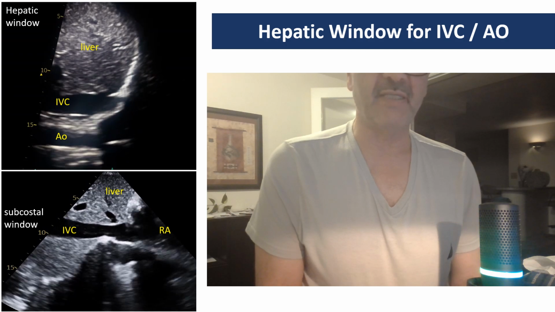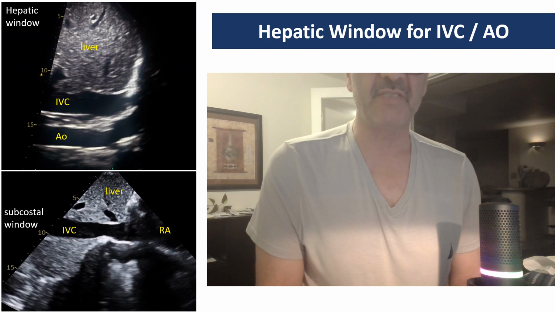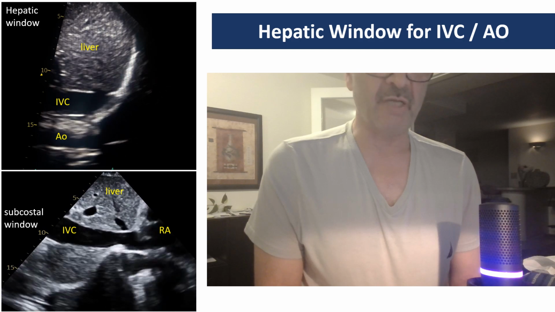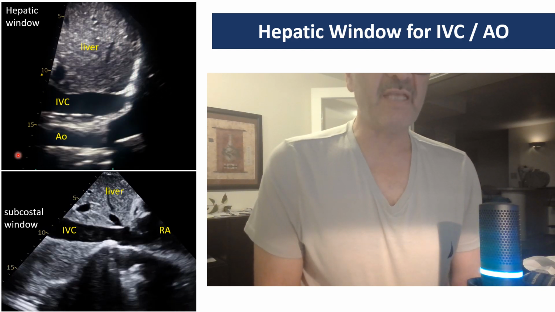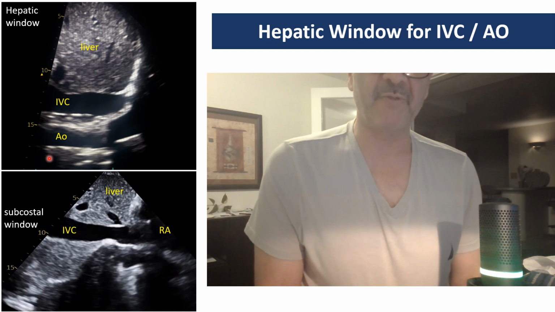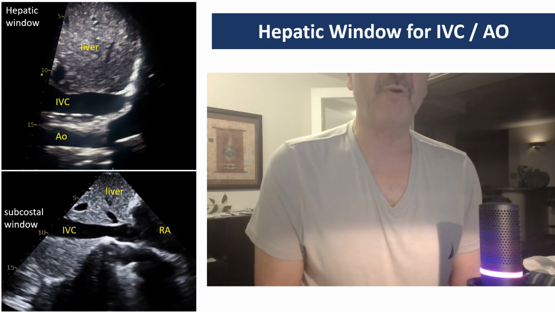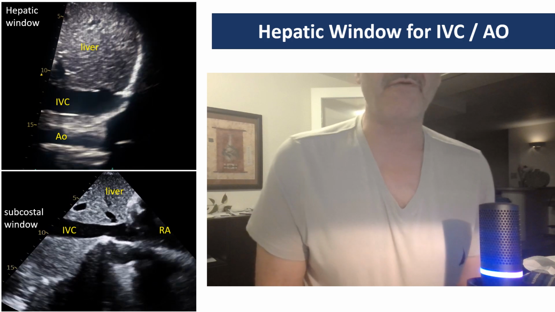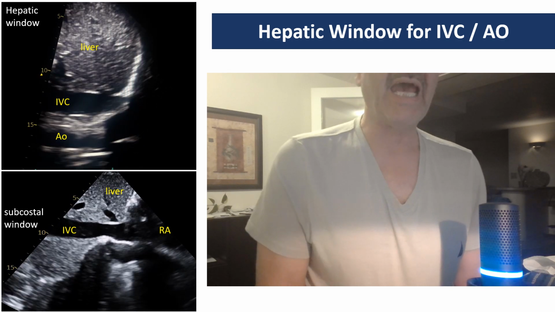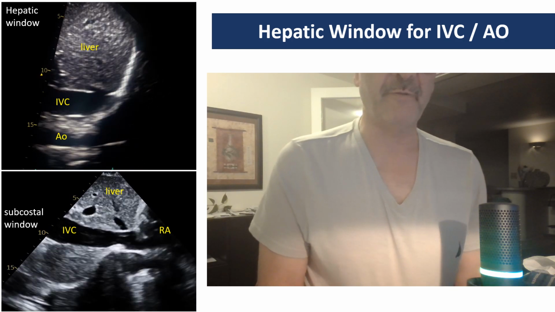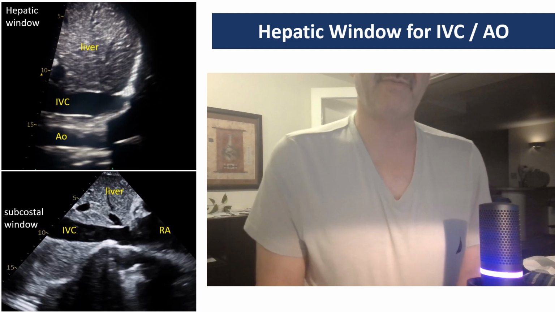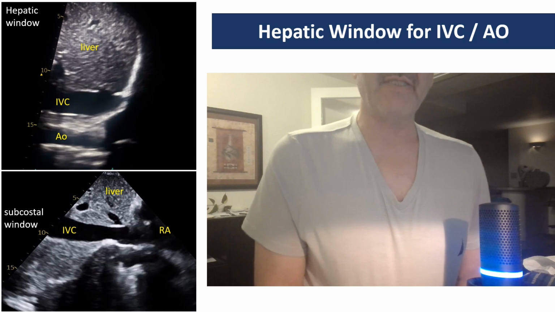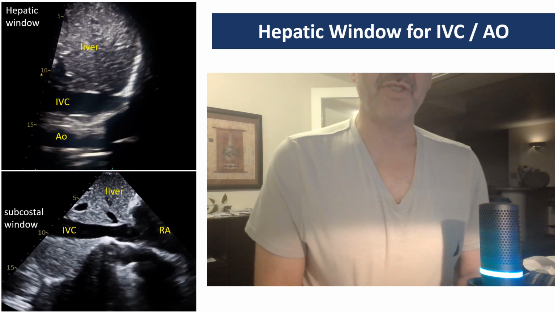Even for evaluating the severity of moderate to severe tricuspid regurgitation, or the status of the central venous system, is the patient hypovolemic or not, can we still administer more fluid or not? So knowing the size and collapsibility of the IVC is very important and helpful in management of the patient.